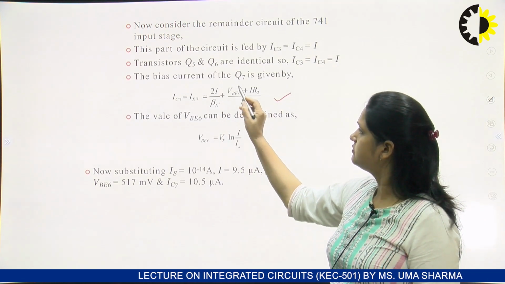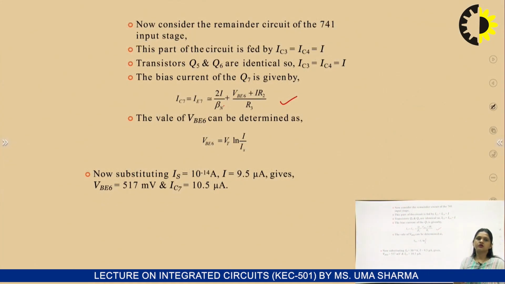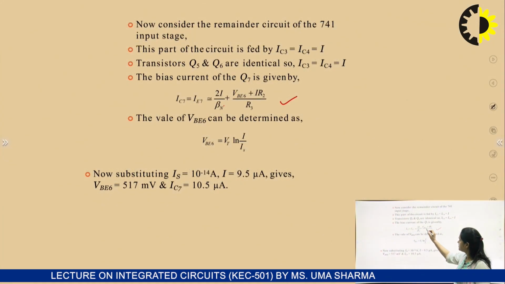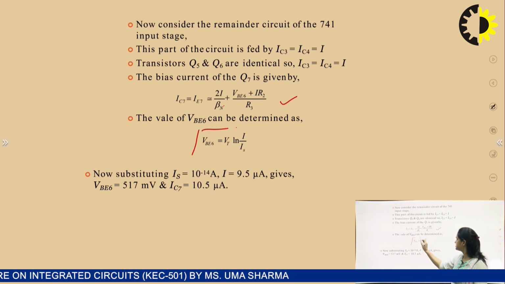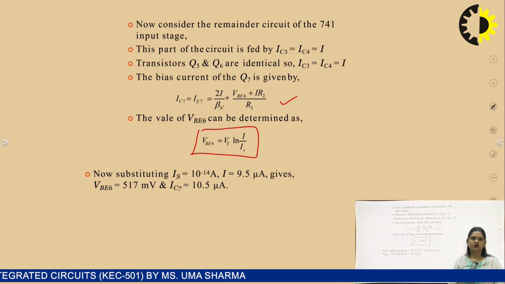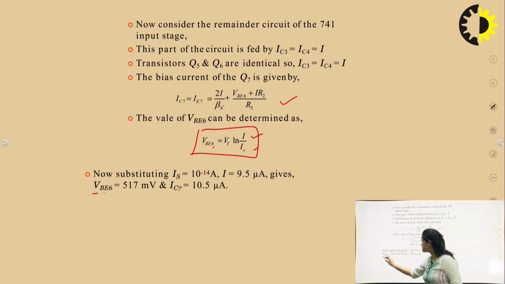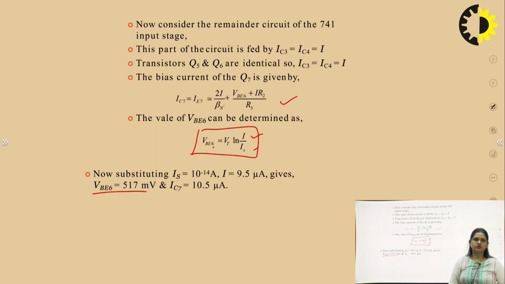The only term which is unknown is VBE6. VBE6 we can calculate using this equation, which equals VT ln I upon IS. Just by putting the value of I and IS in this expression, we can calculate the value of VBE6, which equals 517 millivolts.